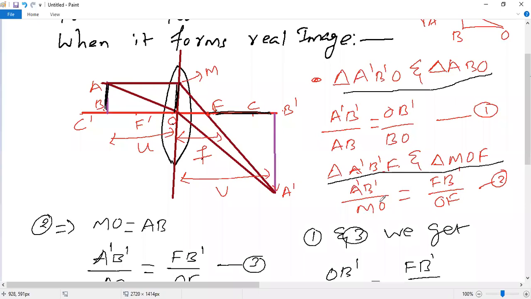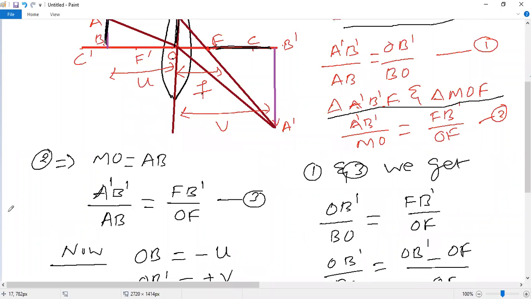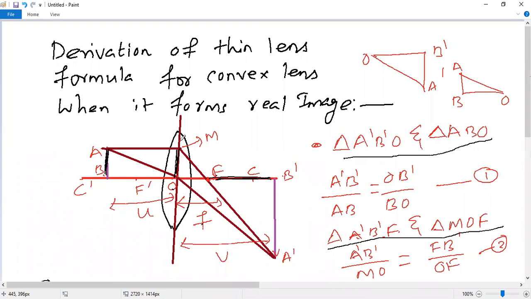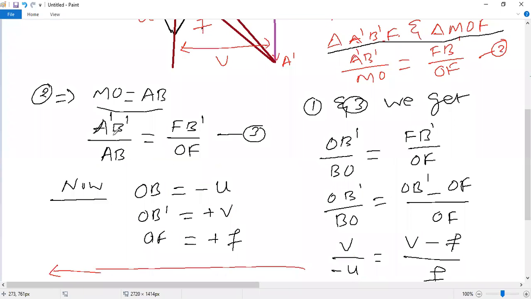A dash B dash divided by OM equals F B dash divided by OF. Now from equations 1 and 2 we get equation number 3. Here OM is equal to AB. A dash B dash divided by AB equals F B dash divided by OF.